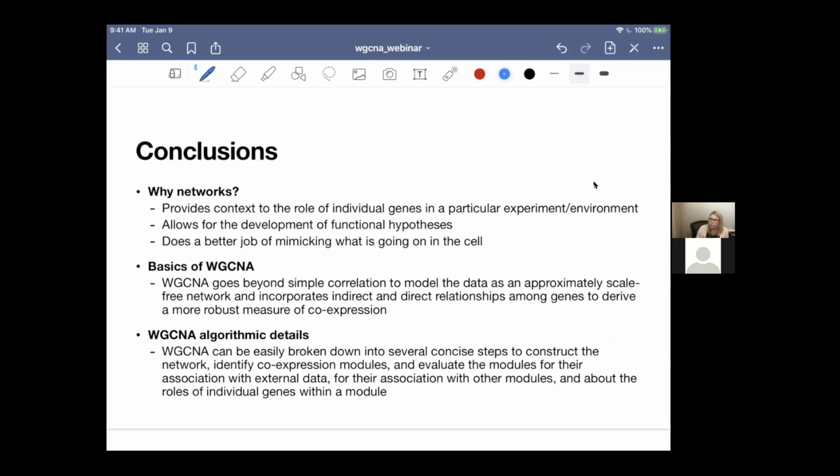We talked about the two differences between WGCNA and simple correlation: the scale-free network assumption and indirect and direct associations. And then finally, we tried to break it down into steps to make it understandable how the algorithm works, but knowing that a lot of these things can be easily done in one step using some of the WGCNA tools.